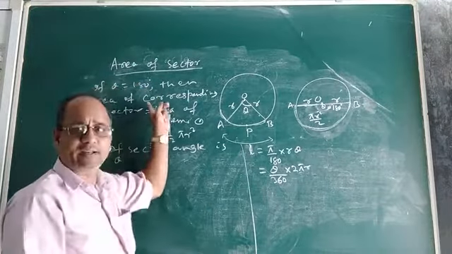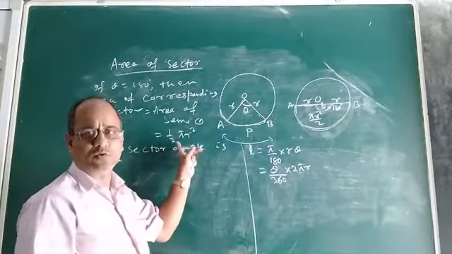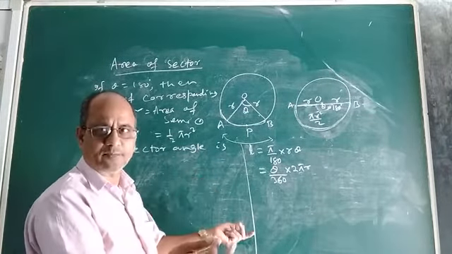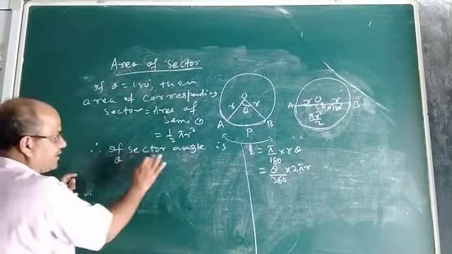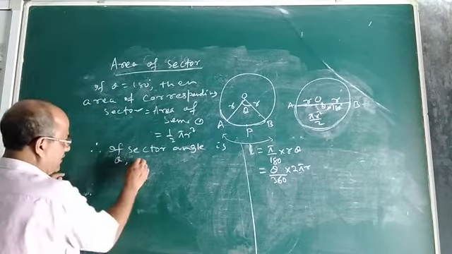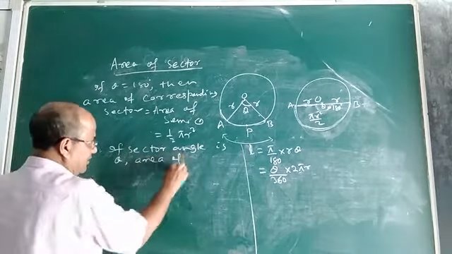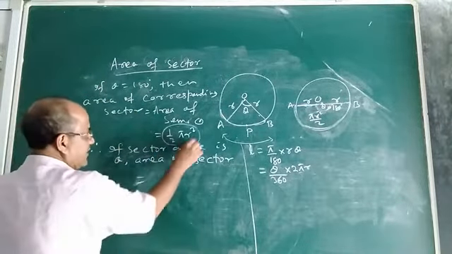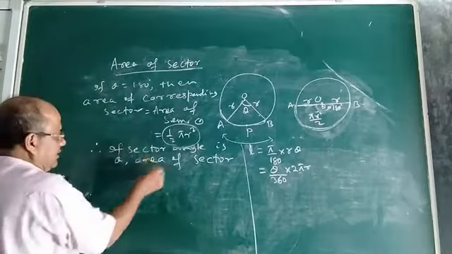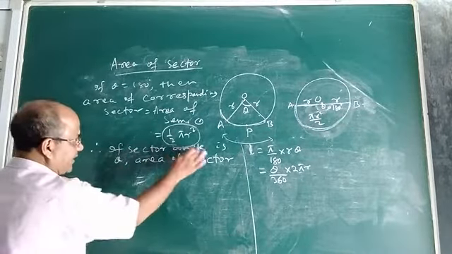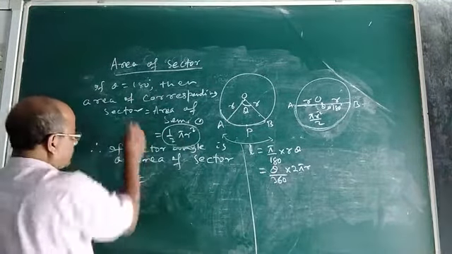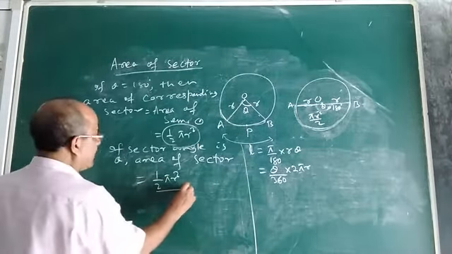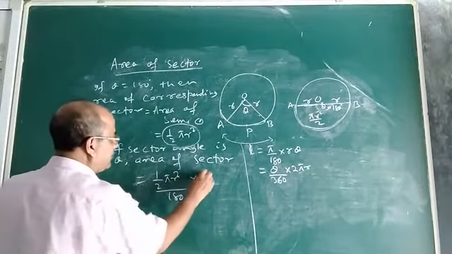When theta is 180 degrees, then the area of the corresponding sector will be equal to half pi r square. And when the sector angle is theta, what will be the area of the corresponding sector? By the unitary method, if the sector angle is theta, the area of the sector will be half pi r square divided by 180 degrees into theta.